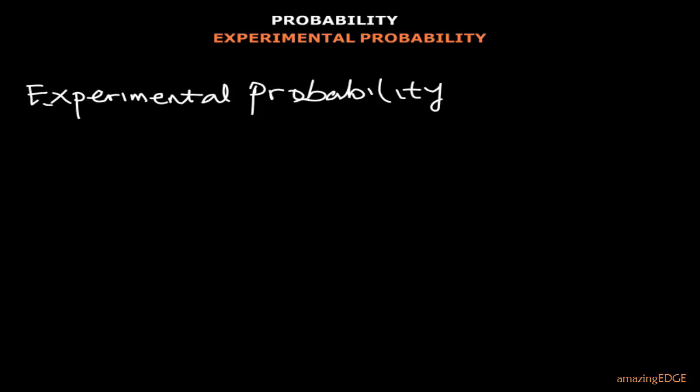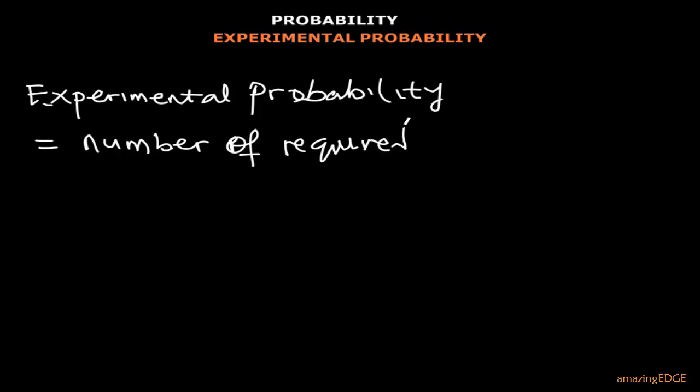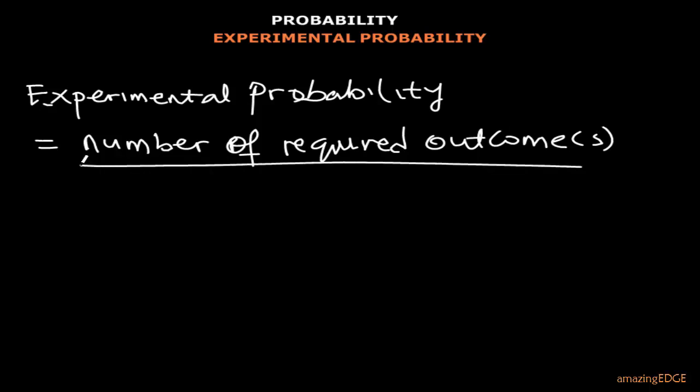So now, how do we define this experimental probability mathematically? We say it is the number of required outcomes. Somebody might even call it desired outcome. So let's say number of required outcomes. It could be outcome, could be outcomes, depending on what you are doing here, over the number of possible outcomes.